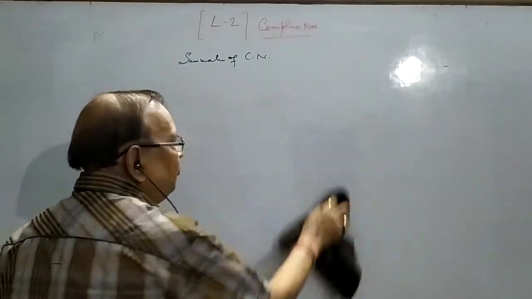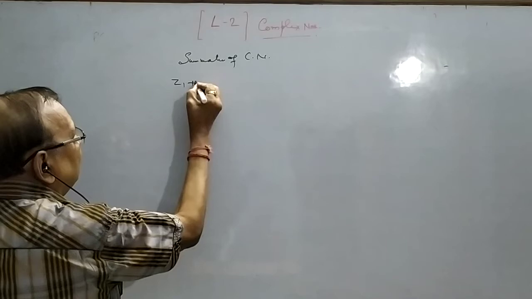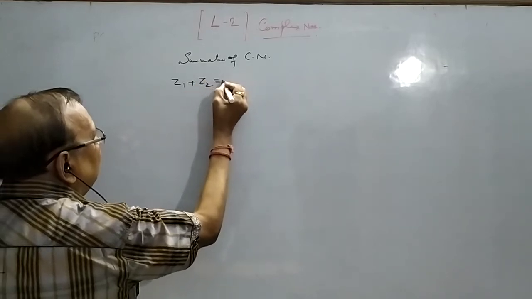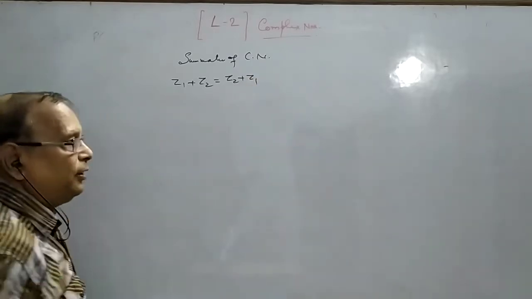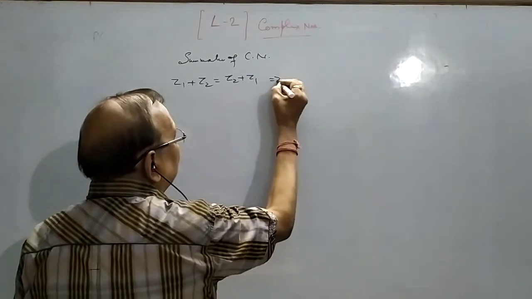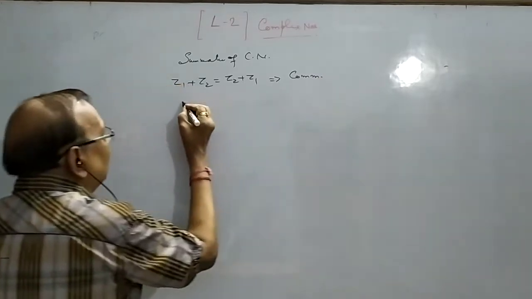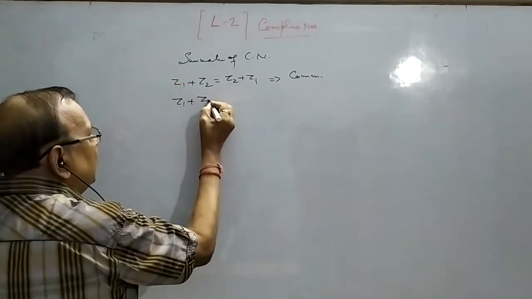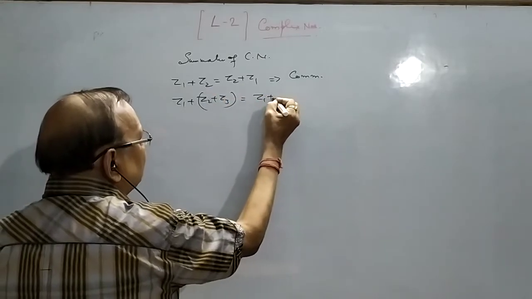Now, what properties do they have? In addition, we may consider z1 plus z2 is equal to z2 plus z1. That is the commutative property. z1 plus z2 plus z3 is equal to z1 plus z2 plus z3 grouped either way.